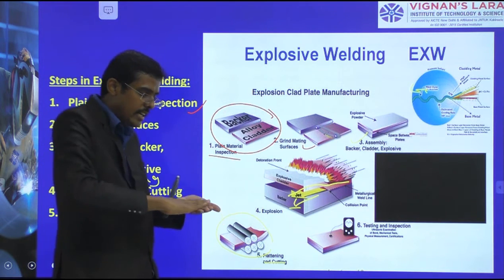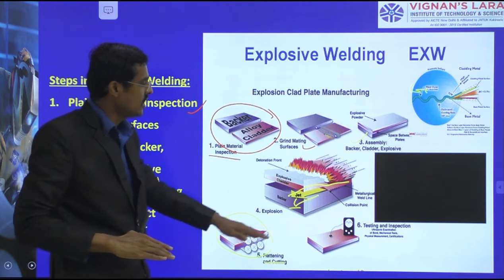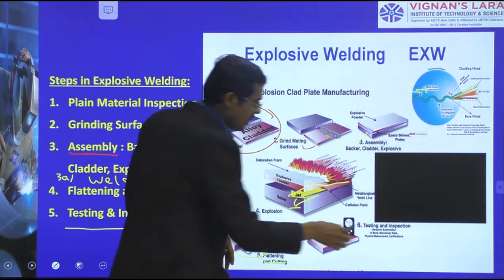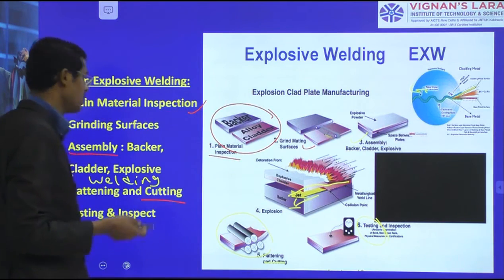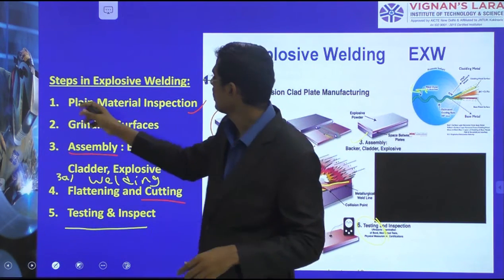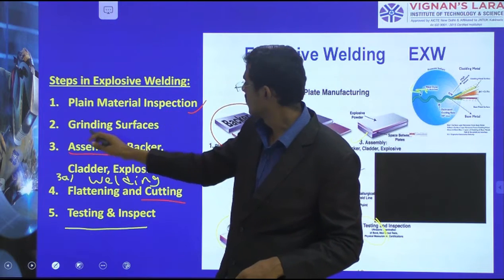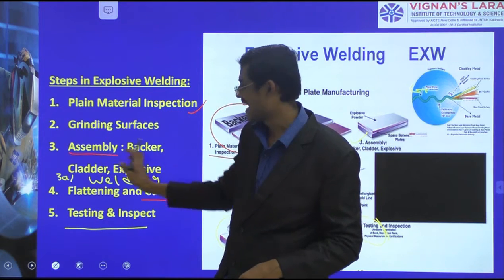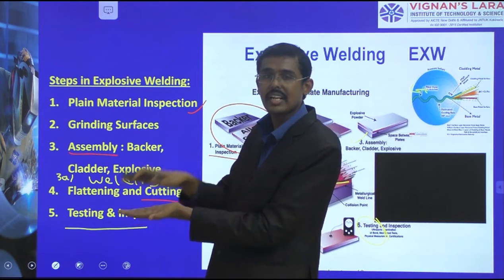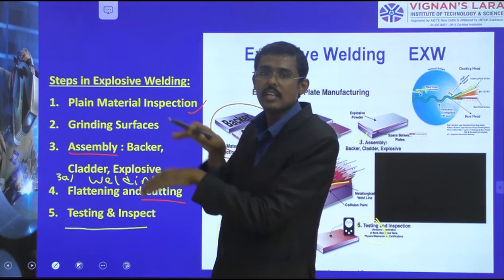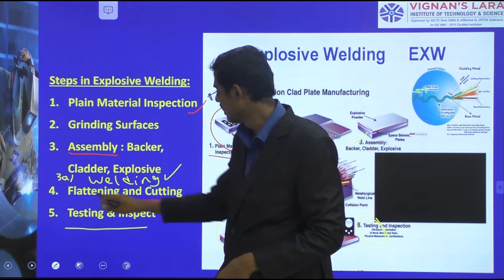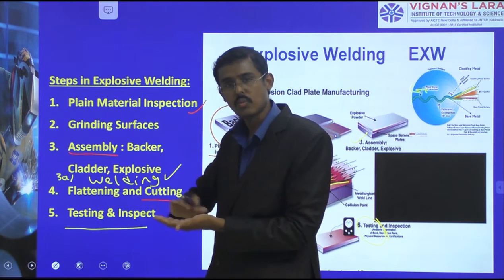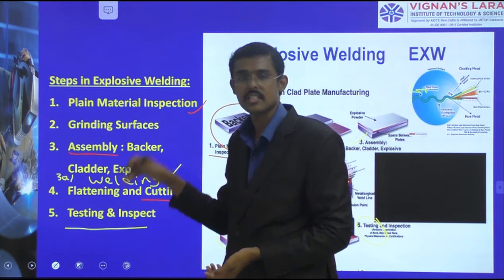Therefore it should be flattened well, and then the testing process can be done. So these steps are important: plain material inspection, grinding the surfaces, assembling the base material, cladding, buffer and explosives, then the welding and flattening, which means the rolling process, and then the testing and inspections.